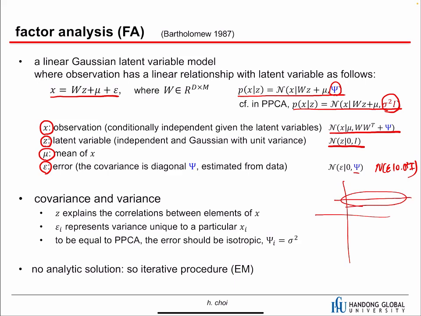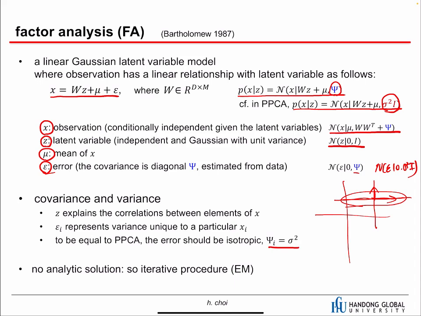In these dimensions we have a high variance, but in this dimension we have a small variance. But this one and this one are uncorrelated. So we have covariance and variance. Covariance can be captured by W or Z, and the variance can be captured by epsilon. Z explains the correlations between the elements of x, and epsilon sub i represents variance unique to a particular x sub i. And to be equal to PPCA, the error should be isotropic.